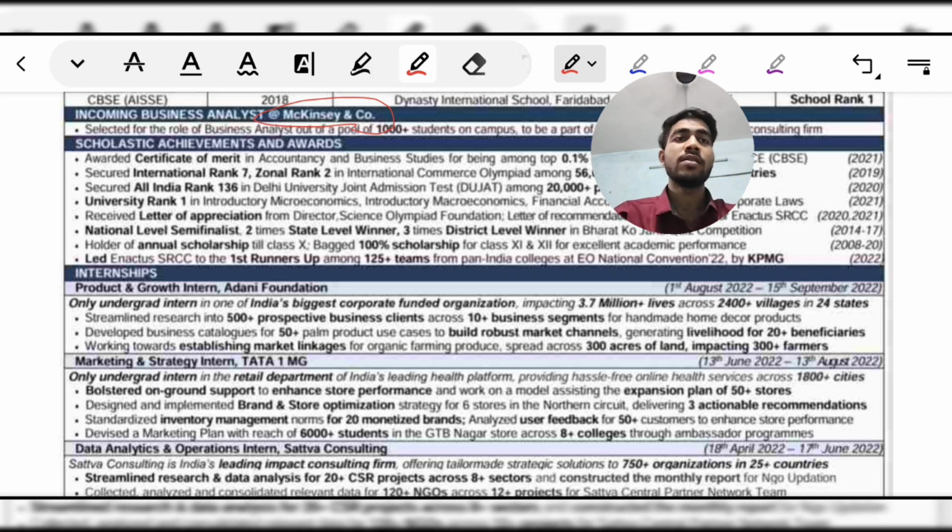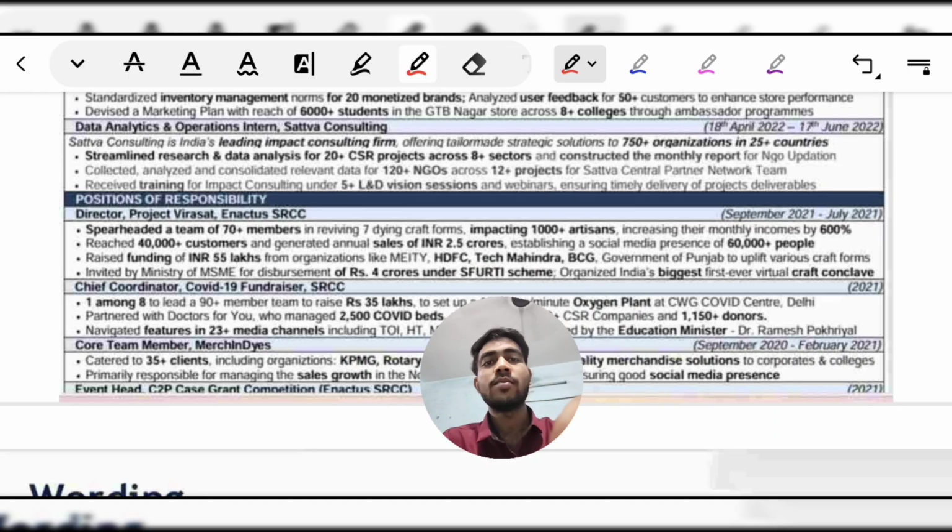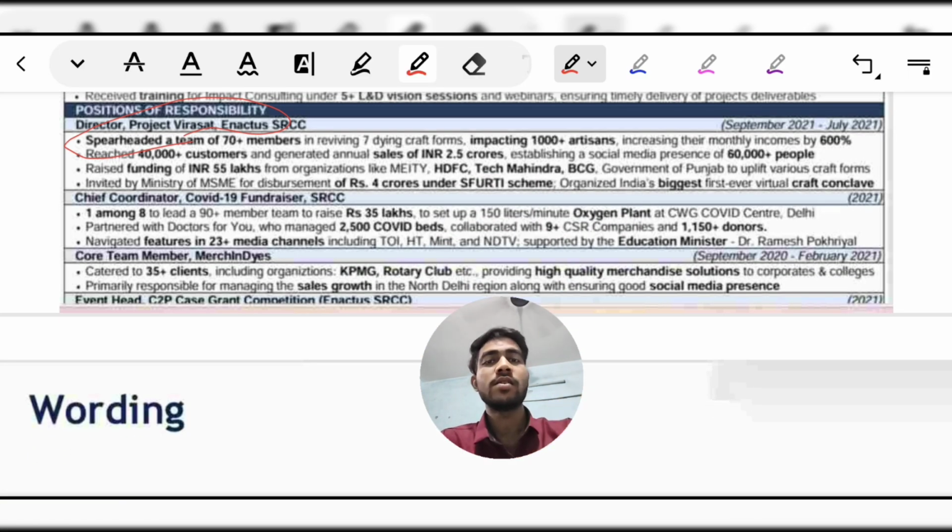The CV listed his past experience, school-level achievements, internship, and position of responsibility in a society.